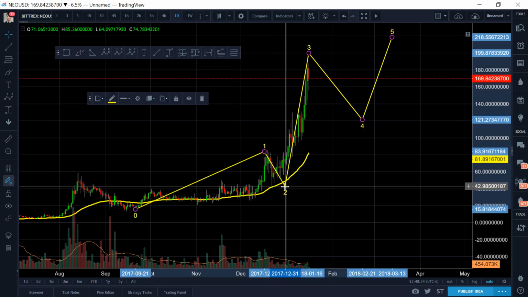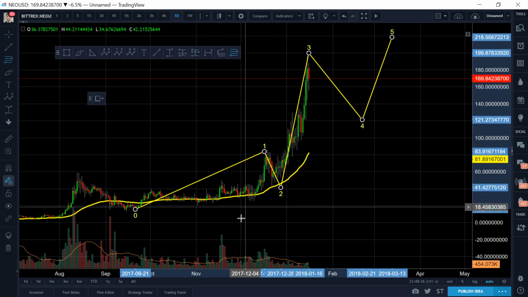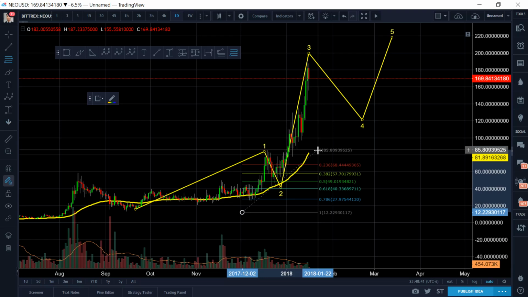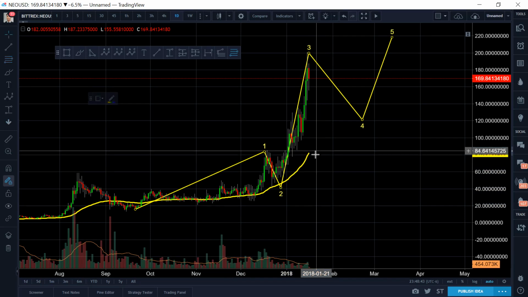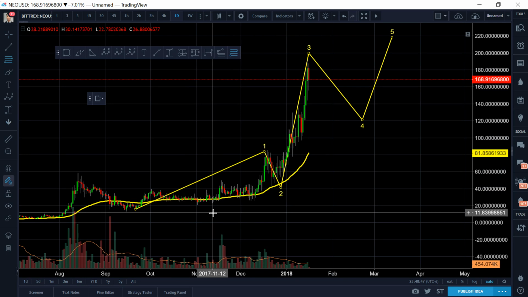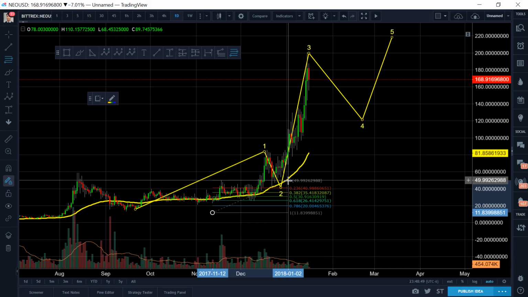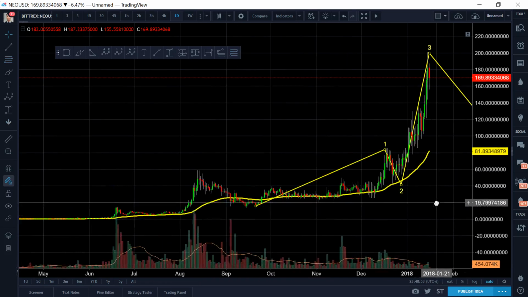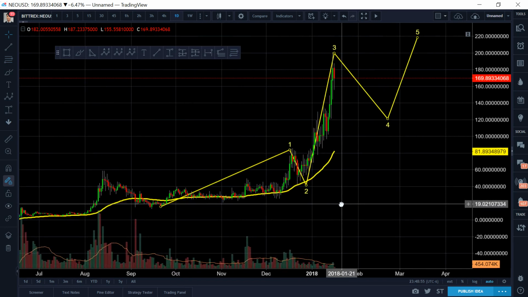This one retraces 0.618 pretty much, but if I did it using my method, it retraces the same thing, 0.618. So there's not one that's better than the other, right?